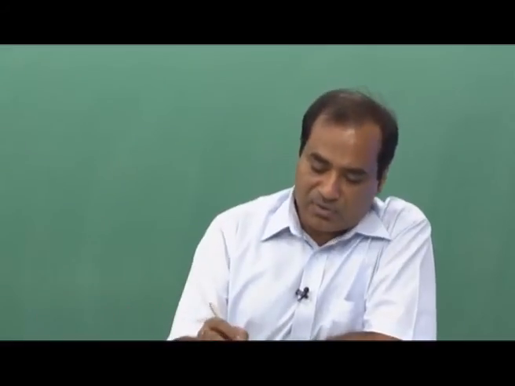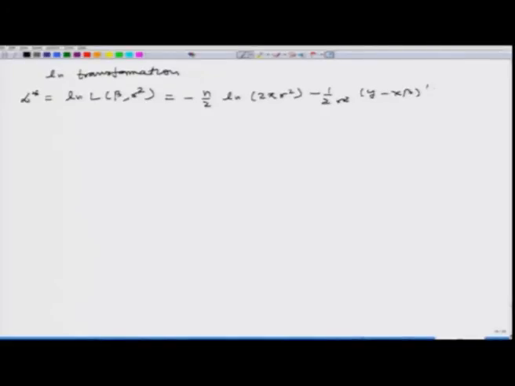So, we take the log transformation and define L star, which is the natural log of L(beta, sigma square), and this is nothing but minus 1 minus n by 2 log of 2 pi sigma square minus 1 over 2 sigma square (y minus x beta) transpose (y minus x beta).